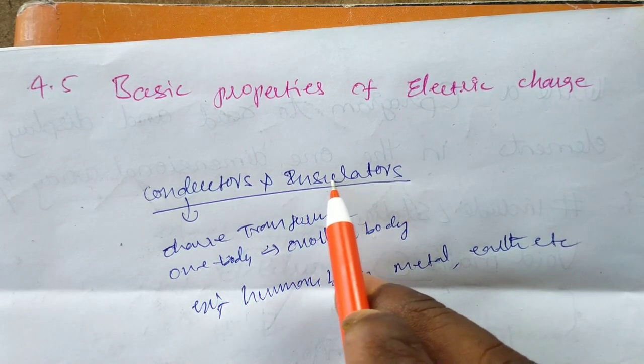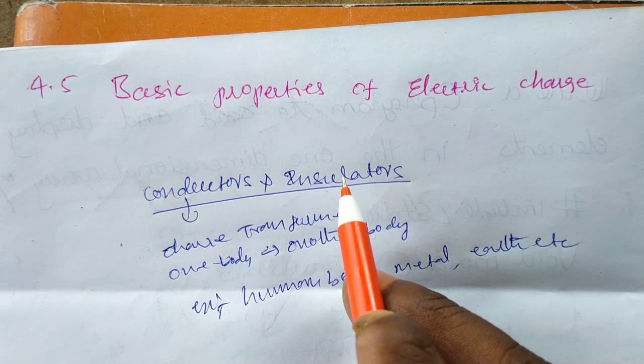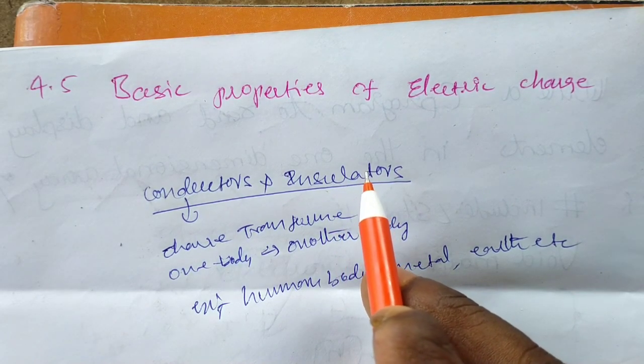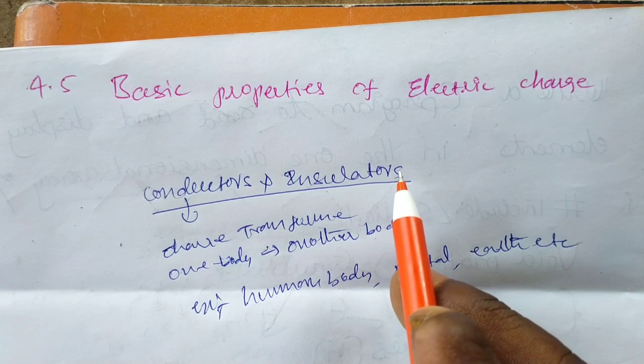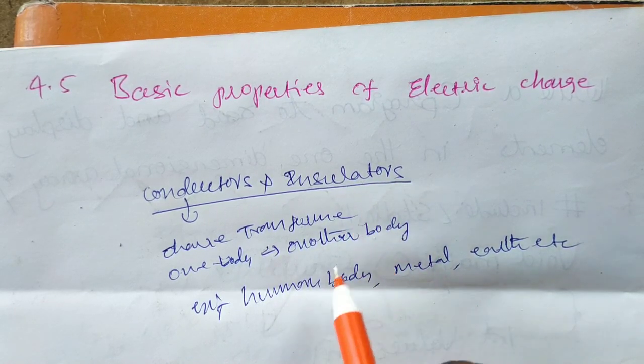Insulator means these types of materials do not allow electricity to pass from one body to another body. This type of material is called an insulator.